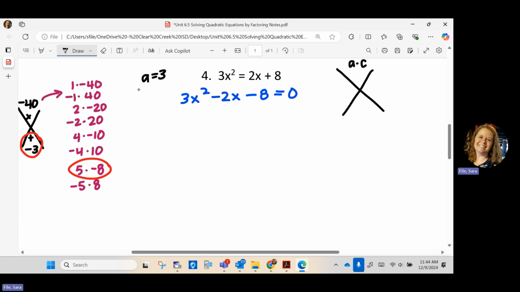So A is 3, B is -2, and C is -8. So A times C, 3 times -8 is -24, and B is -2. We're asking ourselves what multiplies to -24 but adds to -2.